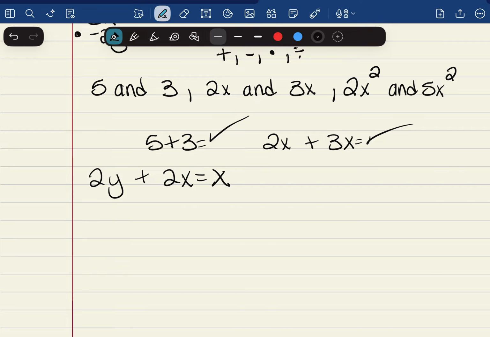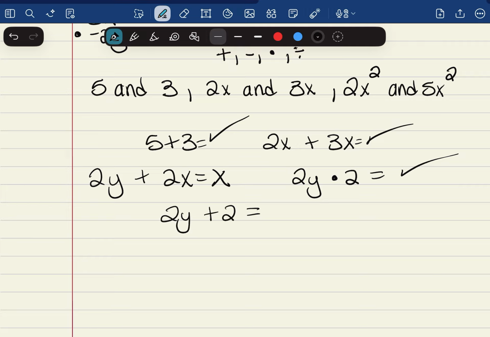Let's say we do 2y times 2. Can we do that? Yes. I am going to tell you why. When you are multiplying or dividing non-like terms, you can combine them. So think of it: if I do 2y plus 2, this is not possible.